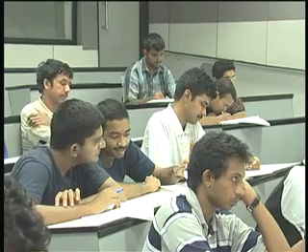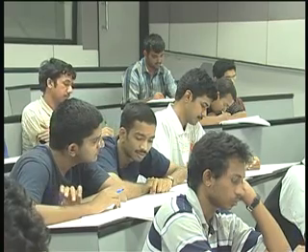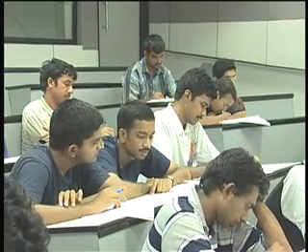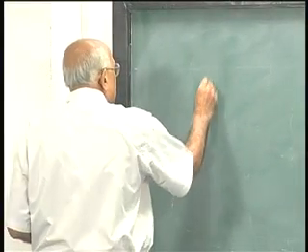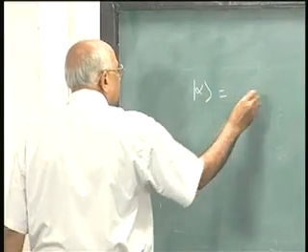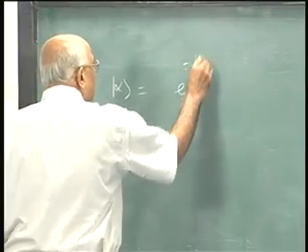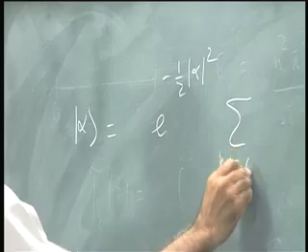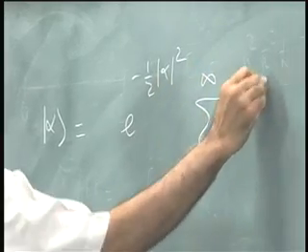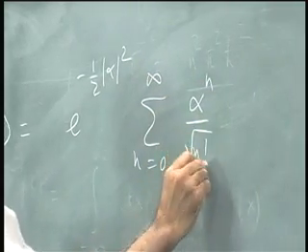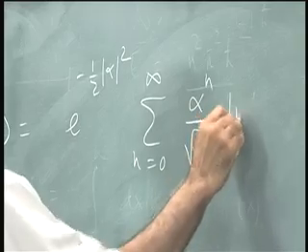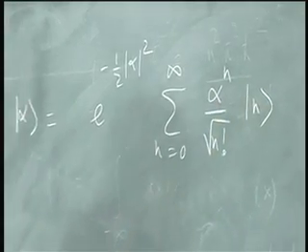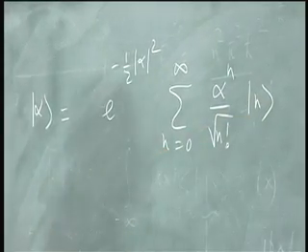The only significant thing you must note in this problem set is our definition of a coherent state. An oscillator coherent state was defined in the following way, where alpha is any complex number: summation n from 0 to infinity, alpha to the power n over root n factorial, times n, where these were the oscillator eigenstates.